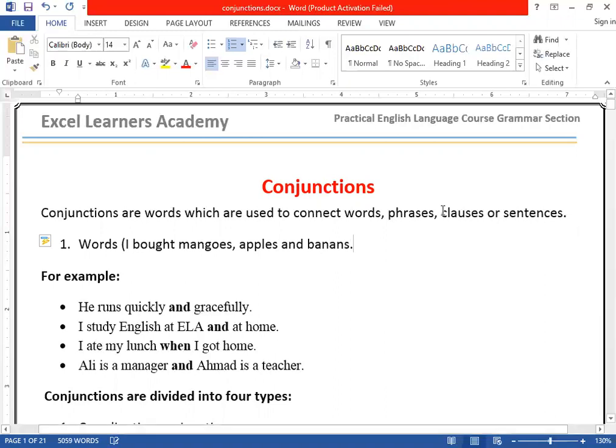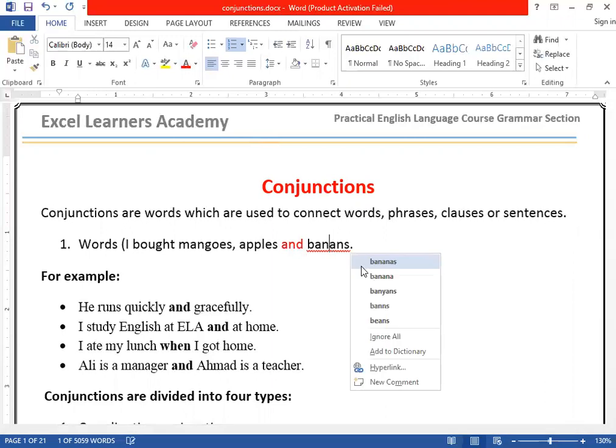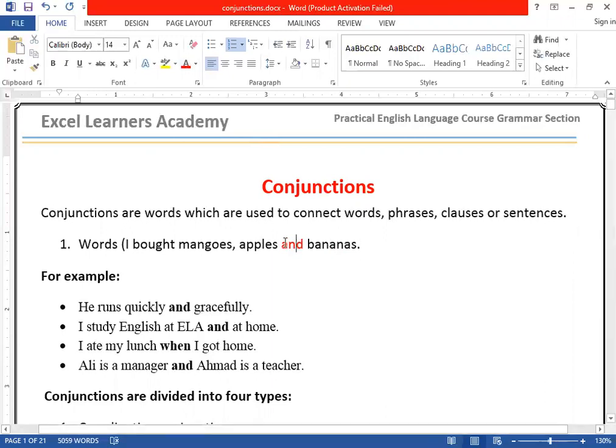Now, can you see here that I have connected words? So the word and is what in this case? Yeah, the word and is called conjunction. Clear? It connects words like mangoes, apples, and bananas. If I have only two words, then I will write it this way: I bought mangoes and bananas.